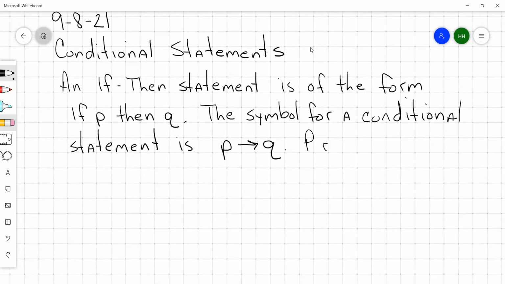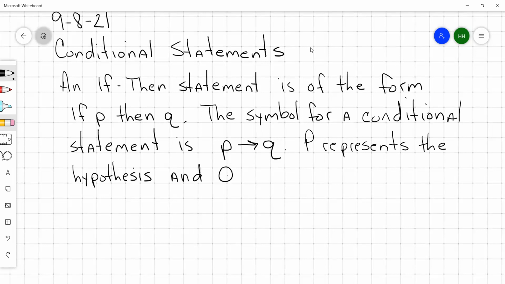P represents the hypothesis. And Q, the conclusion.